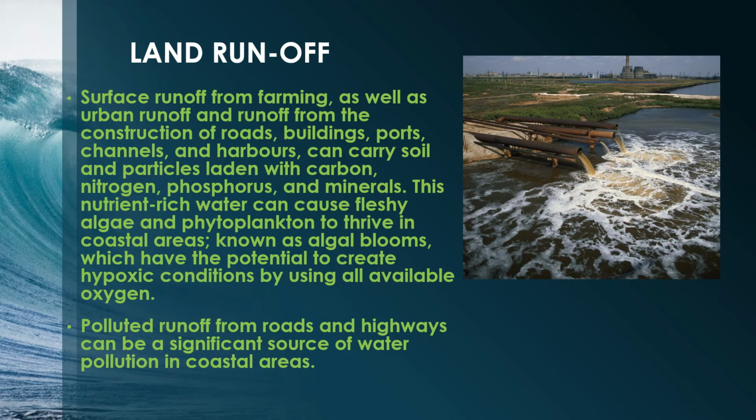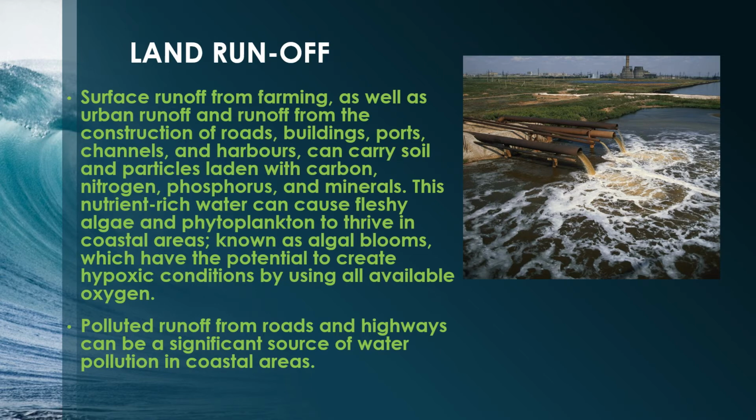Land runoff. Surface runoff from farming as well as urban runoff and runoff from the construction of roads, buildings, ports, channels, and harbours can carry soil and particles laden with carbon, nitrogen, phosphorus, and minerals.